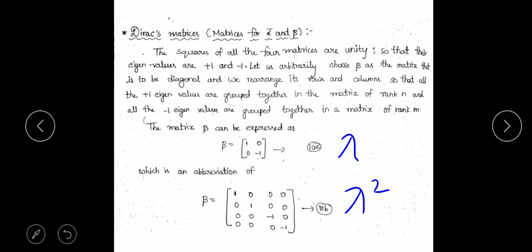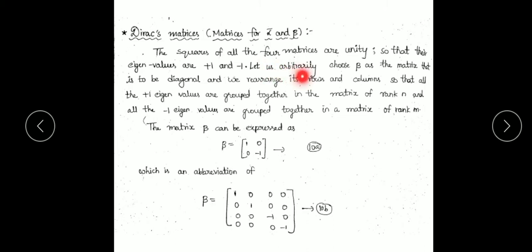Here the square of the matrix is unity, that means lambda square is equal to 1. So their eigenvalues are +1 or -1. If we take lambda equal to 1, then 1 square is 1. And if we take lambda equal to -1, then -1 whole square is also 1. Hence the eigenvalues of these matrices are +1 or -1.